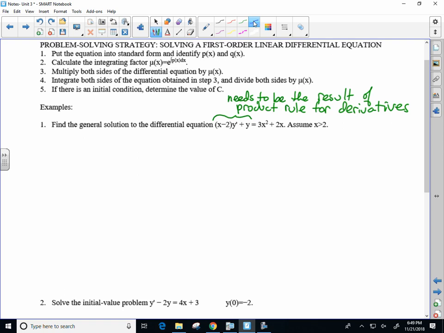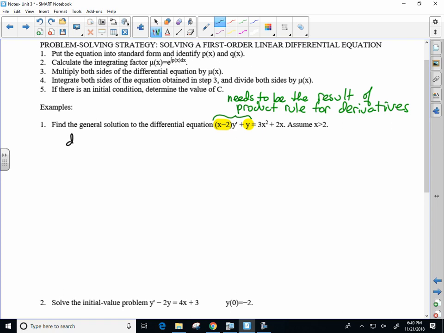The way I test is by taking the components that are not derivative based and make a product out of them. So looking at the left-hand side here, I have an x minus 2 and I have a y. Basically anything that doesn't have a prime involved in it is a candidate to be part of my product. I need two things. All right, so I'm going to take a stab at it and see if it works.